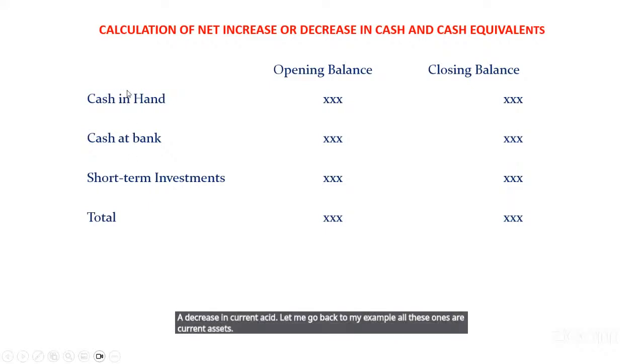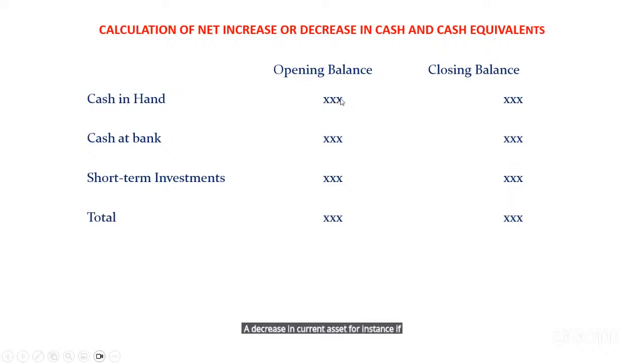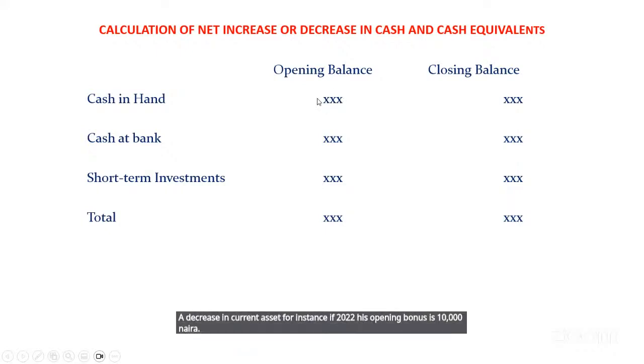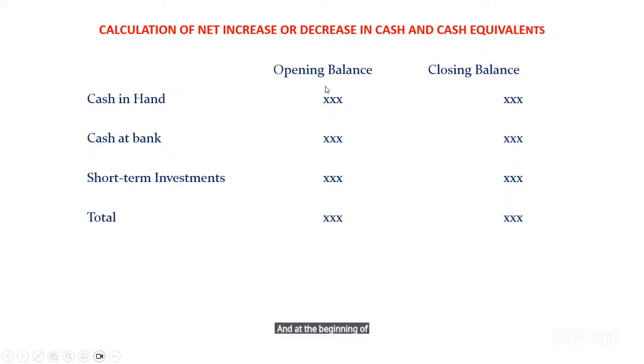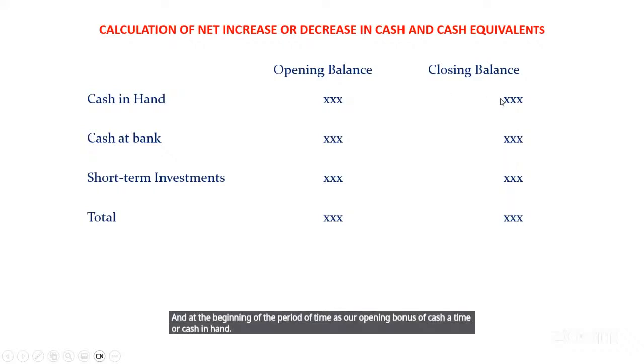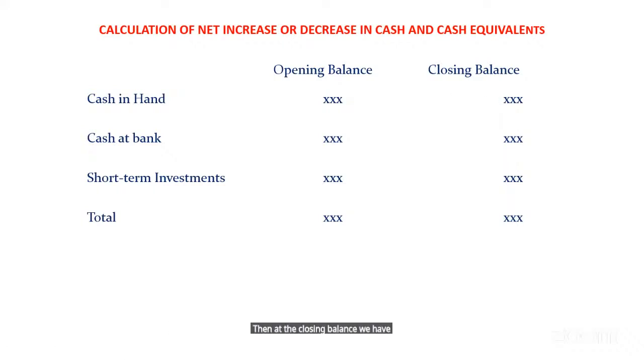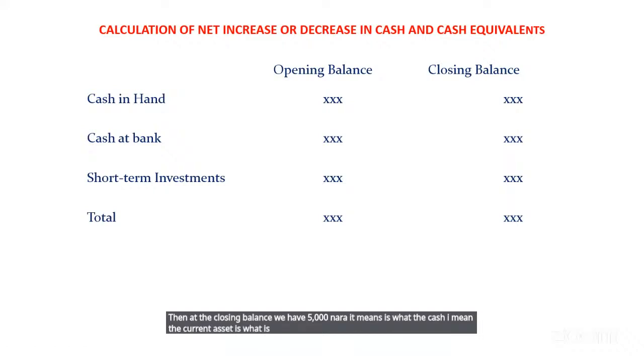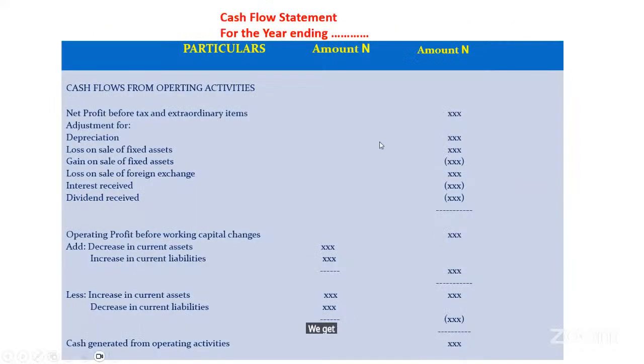For instance, if at the beginning of the period we have 10,000 naira as our opening balance of cash in hand, and then at the closing balance, we have 5,000 naira, it means the current asset is decreasing. By how much? 10,000 opening balance minus the closing balance of 5,000, we get 5,000 naira. So the decrease is added here.